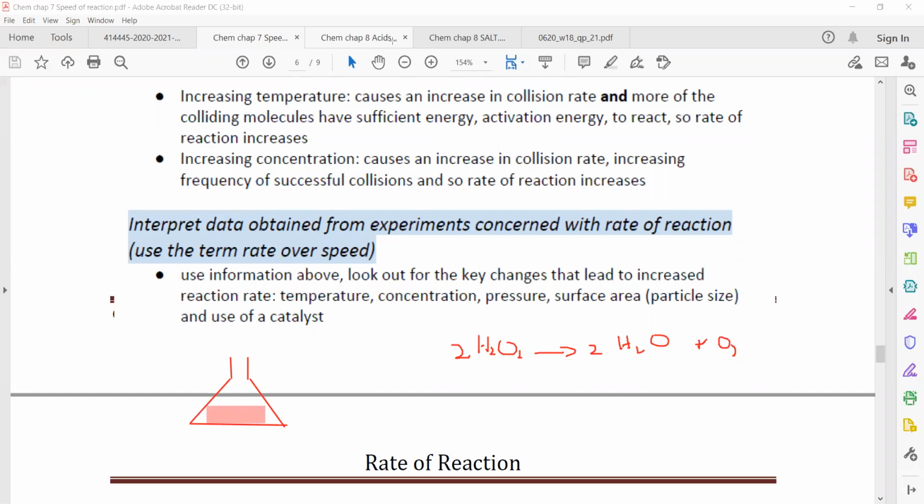That's a solution, a liquid, and we can collect the gas in say 3 minutes or 5 minutes. Then we will repeat this procedure by adding a solid which we assume is a catalyst, and we'll measure the volume of gas again in 5 minutes.